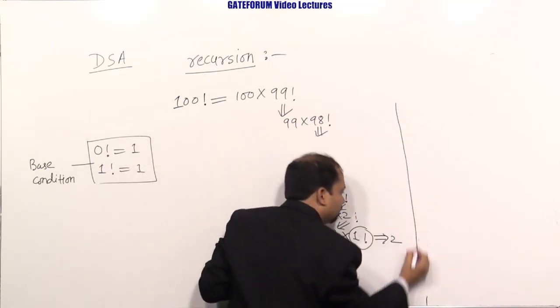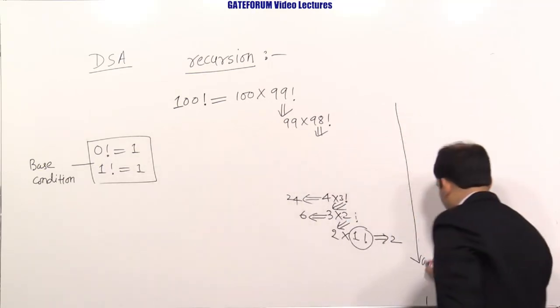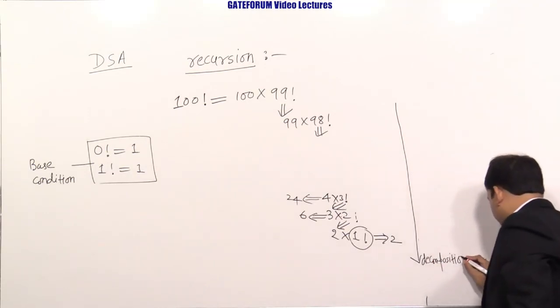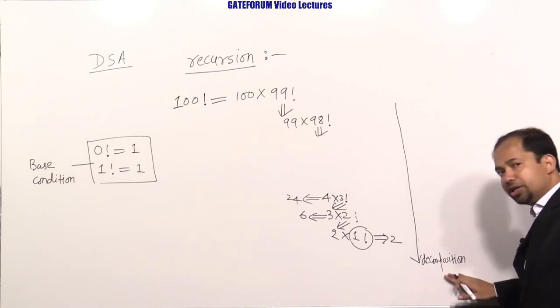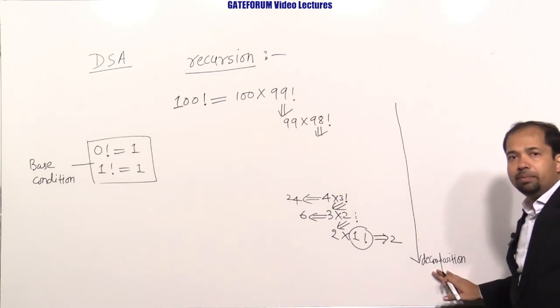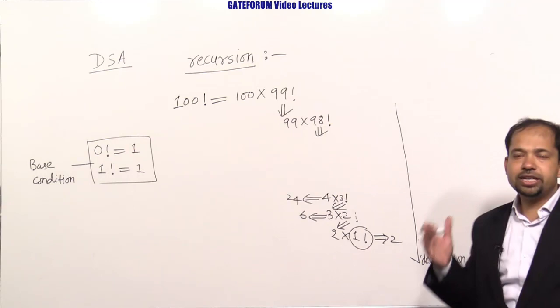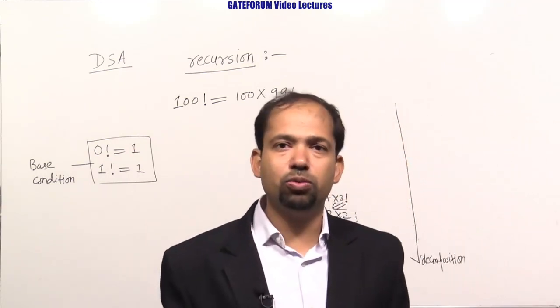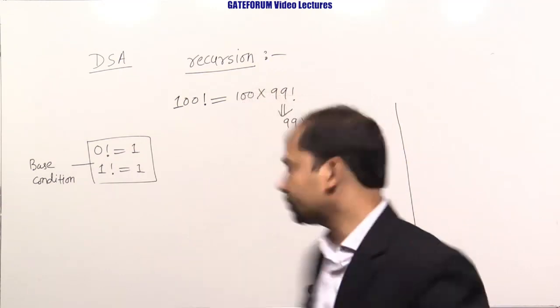From top to down we decompose the problem, and this decomposition continues till we reach a base case situation. Base case means a scenario where we know the answer, or input data for which the answer is readily available.